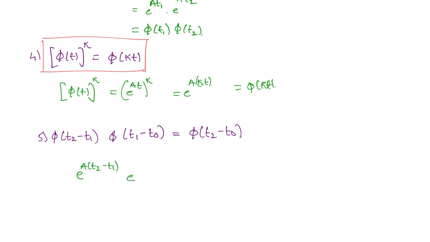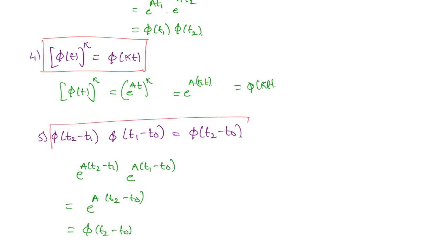Phi of (t1 minus t0) you can write as e to the power A (t1 minus t0). So t1 will get cancelled, and you are left with e to the power A (t2 minus t0), which is phi of (t2 minus t0). So this is the last property.